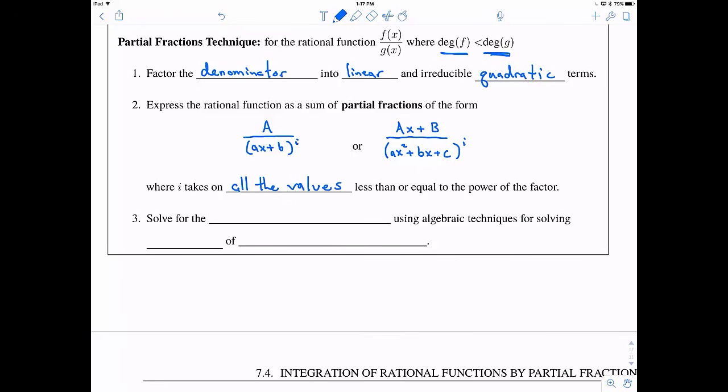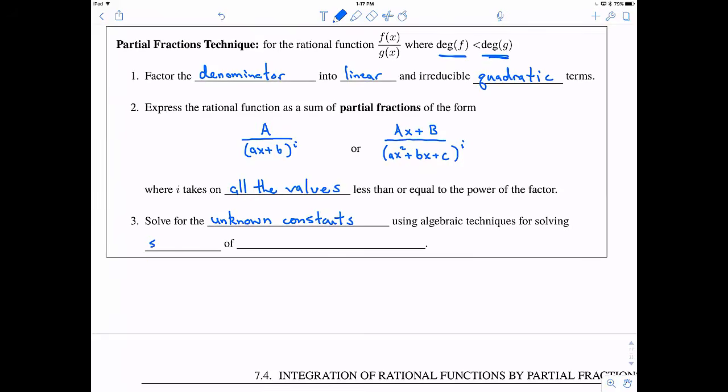These should be positive integers. The third step is to solve for all unknown constants using algebraic techniques for solving systems of linear equations. The claim is this will come down to solving systems of linear equations.